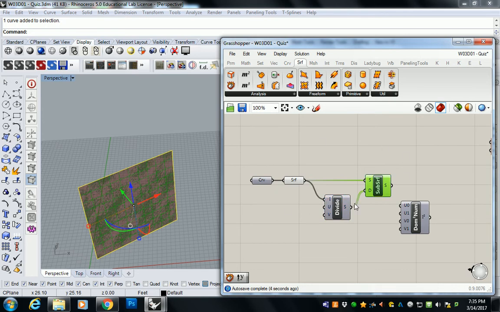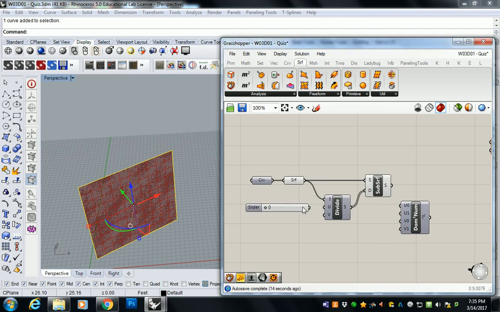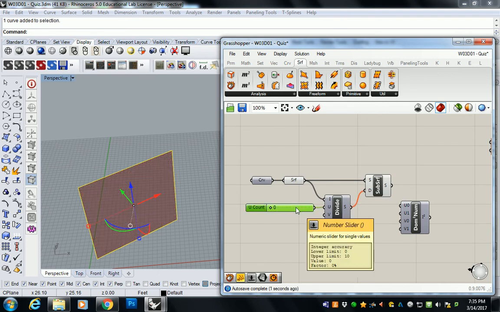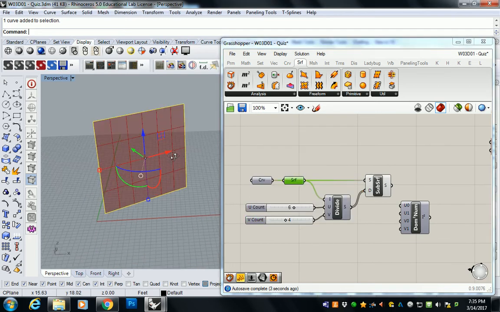It almost always happens that way. So then you're going to need your sliders for number of subdivisions, and those sliders go from 0 to 10. There's your number of subdivisions.